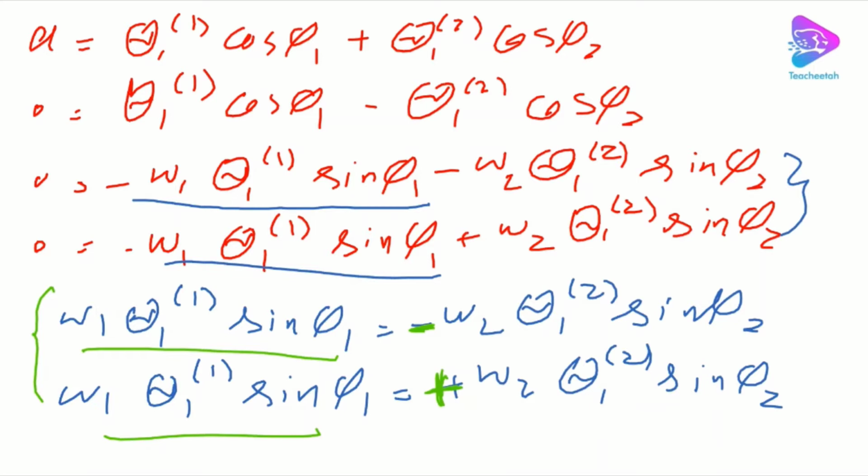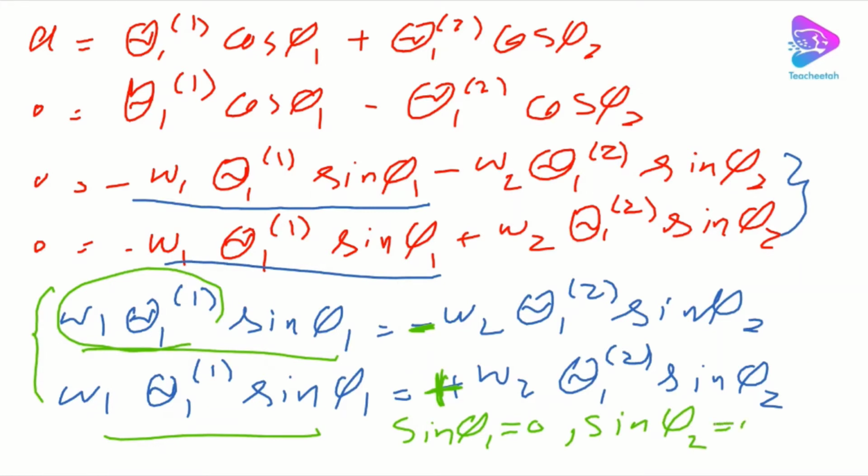However, we know that to make all of them 0, for sure these values are not 0. There is an amplitude of vibration and there is a frequency of vibration. So the only thing that satisfies this condition is the sine of phi 1 to be 0 and the sine of phi 2 to be 0, which means that phi 1 and phi 2 are equal to 0.